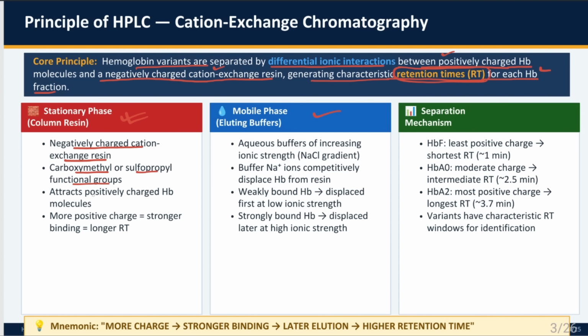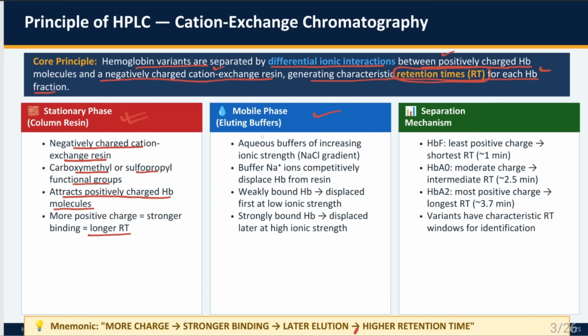These cation resins attract positively charged hemoglobin molecules, and if the hemoglobin has more positive charges, then it will bind strongly with the cation resin present in the HPLC machine, and that will lead to longer retention time. That means that fraction of hemoglobin will be retained for a much longer period in the HPLC column.